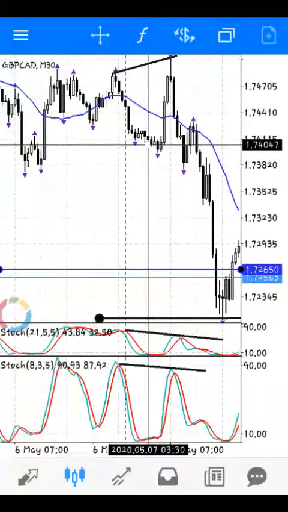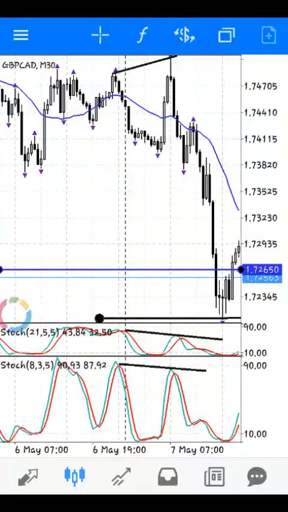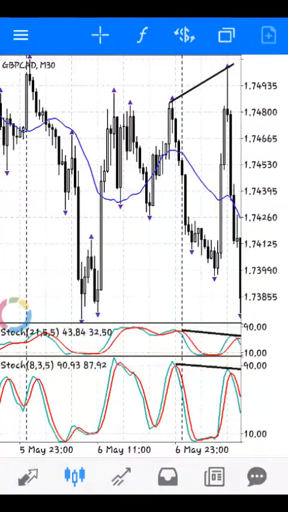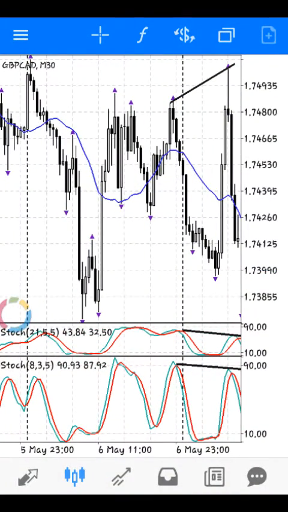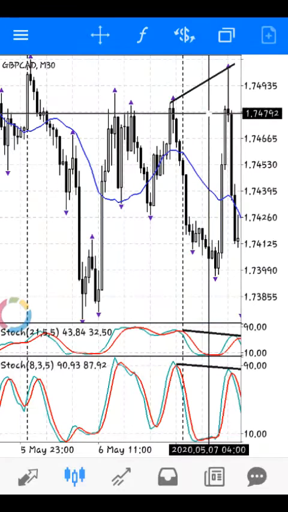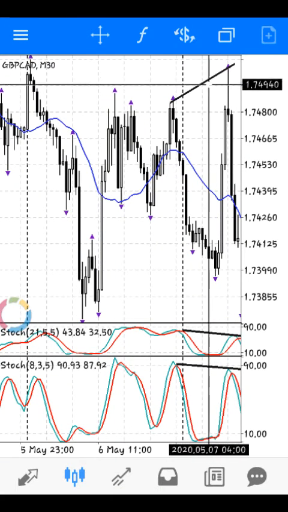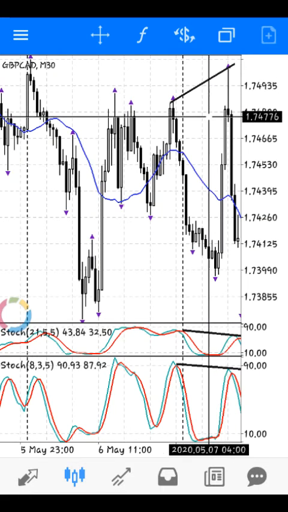So back to that, price was above. Now, if you look at what we saw before, let's just pretend that we didn't see all the downside move. Price was going higher, higher, higher. Then we saw this rejection candle.